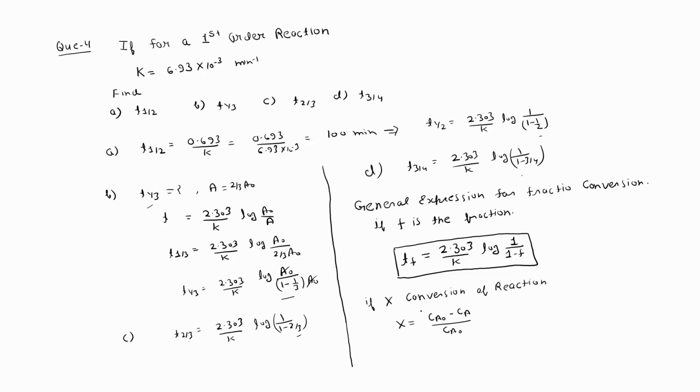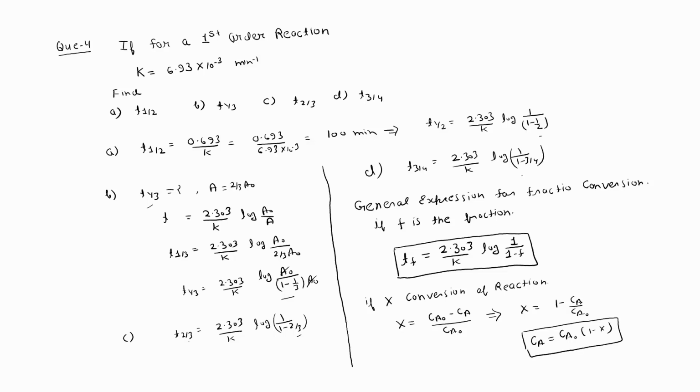Ca naught is your initial concentration, Ca is your final concentration. So X is equal to 1 minus Ca by Ca naught. Then Ca is equal to Ca naught into 1 minus X.